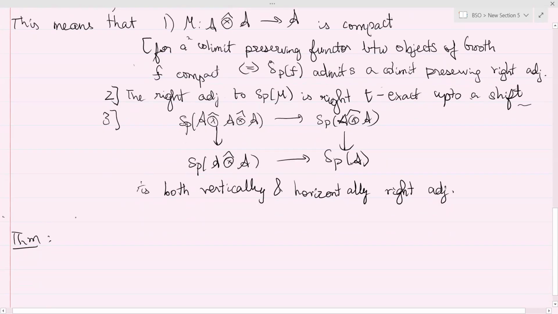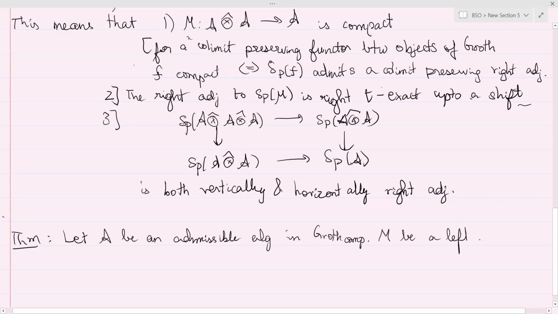So the theorem now basically follows from the theorem of last time, which says the following. Let A be an admissible algebra in Groth-Comp, and M a left A-module.